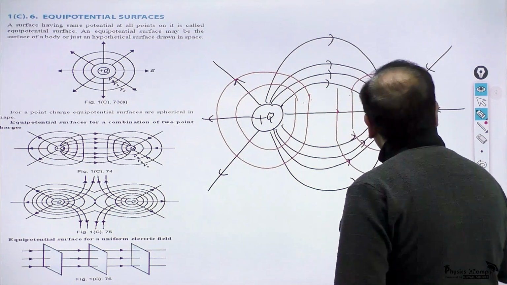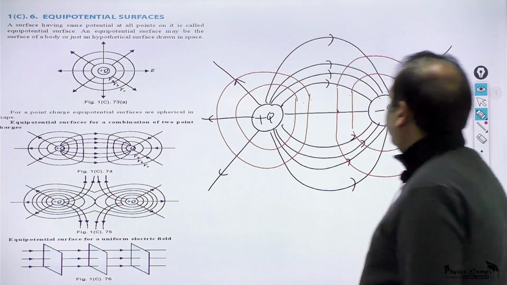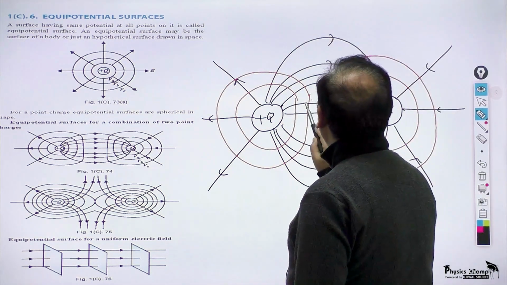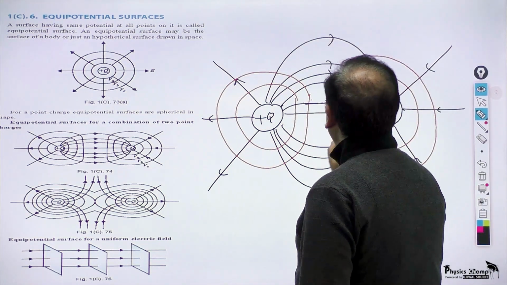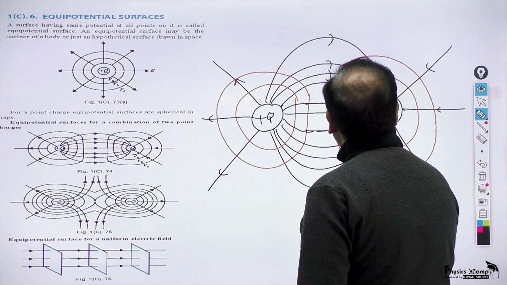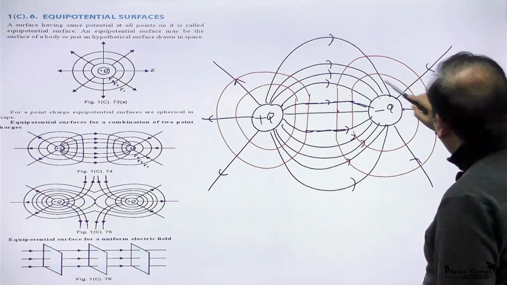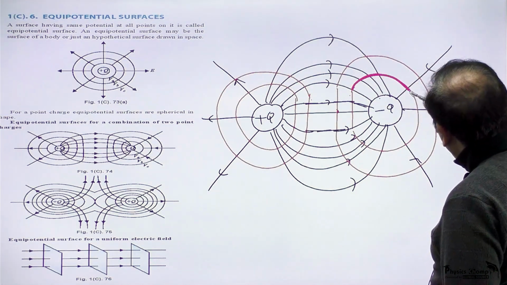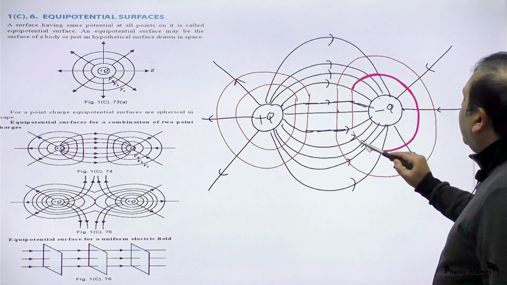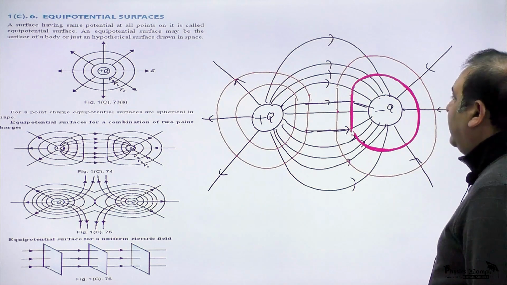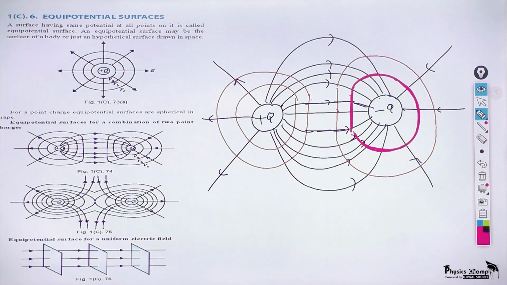What you can see is that in the central region where electric lines of force are nearly horizontal, the equipotential surface is nearly vertical. But in the region where the electric lines of force are curved, the equipotential surface is also curved. And where the electric lines of force are radial, it is completely circular or spherical in shape. So this is the equipotential surface in case of a positive charge and a negative charge.